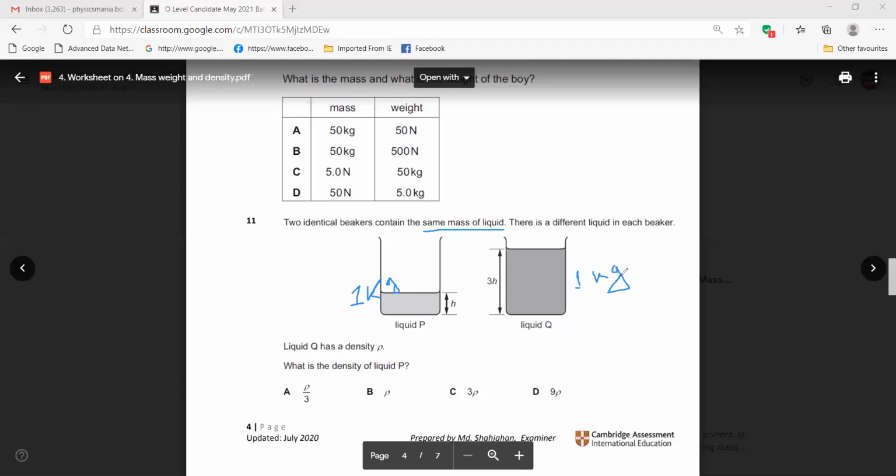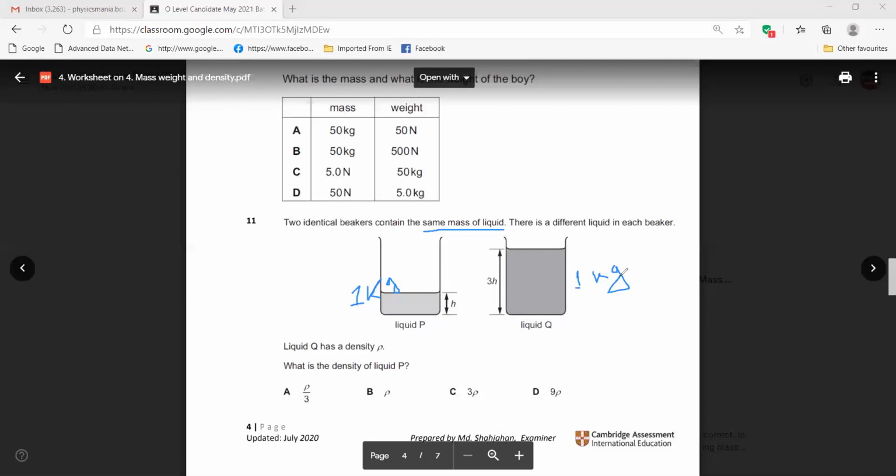The molecules are closer. That's why, with the small volume but too much mass, this one has more density. So here, liquid P has less volume but the same mass as liquid Q. So this one has more density, right?